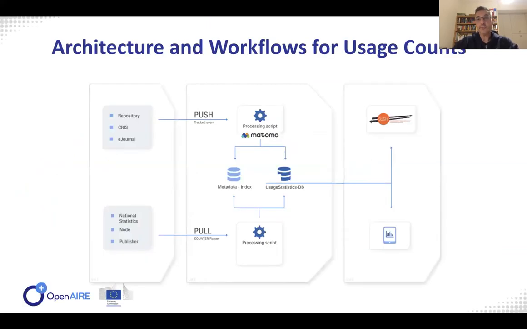This is the architecture and workflows that we are using for this service. We have two approaches. One is called the push approach, where we collect in real time information from providers, for example repositories, CRIS systems or journals. Then we have the pull approach, where we collect COUNTER Code of Practice reports.